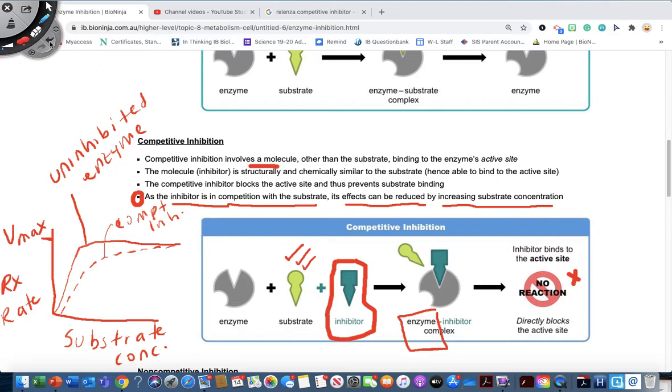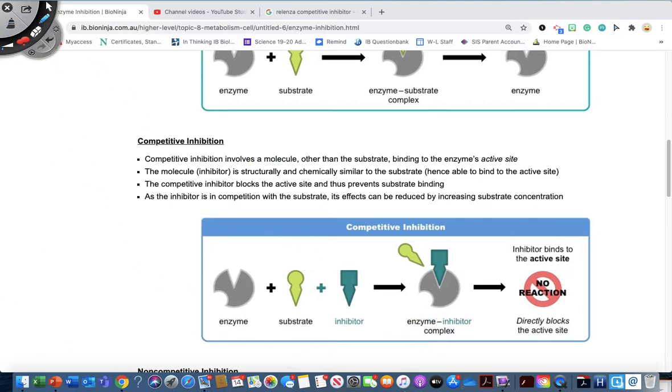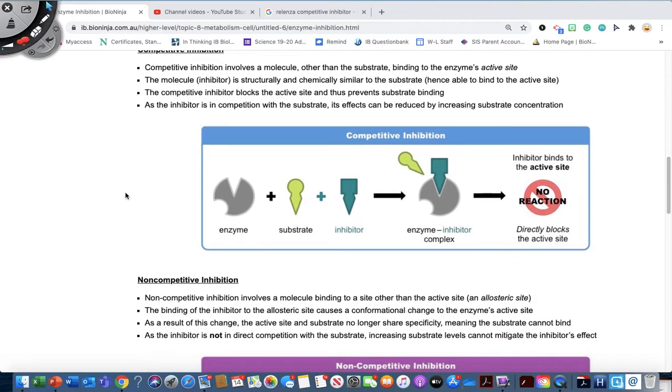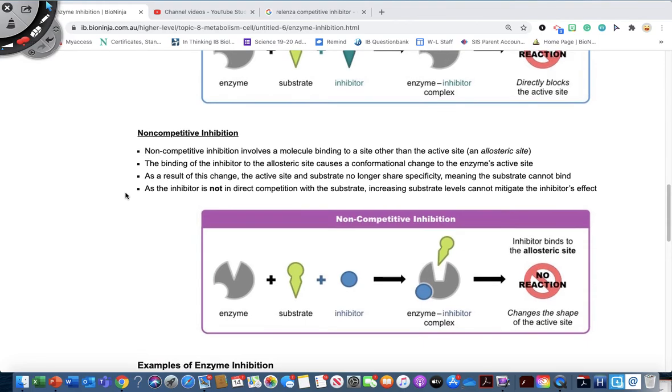Okay? All right. Now let's look at a non-competitive inhibition process. So in a non-competitive inhibition process, here we have, again, the enzyme, the substrate, and the inhibitor. But this time, notice the inhibitor is binding to the allosteric site of the enzyme. So the inhibition does not happen on the active site.